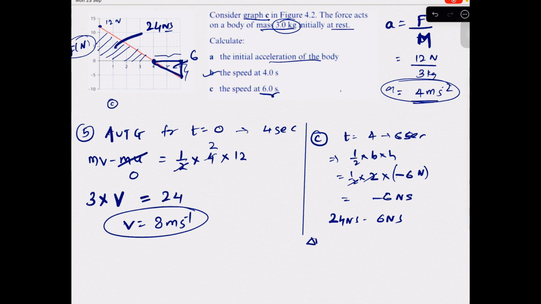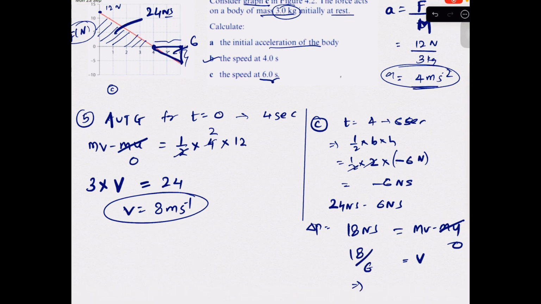The total change in momentum will be 24 minus 6, which is 18 Newton second, and then I equate it to mv minus mu, where u is 0. So v will be 18 over 6, which is 3 meters per second.